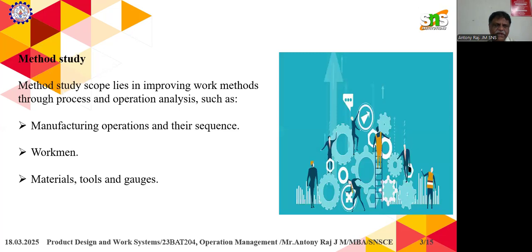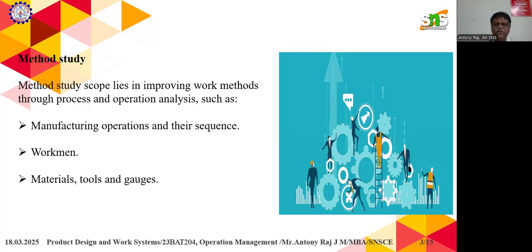The scope of method study lies in improving the work methods through various processes and the analysis of operations, such as the various manufacturing operations and their sequence, and also analyzing the workmen, the materials, the tools and gauges.